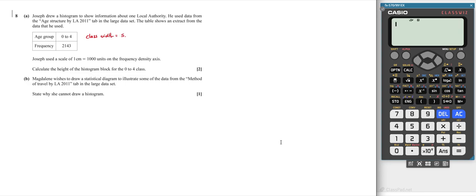The height of this, so 1 centimetre is 1,000 units on the frequency density. So frequency density is frequency divided by class width. So 2143 divided by 5.